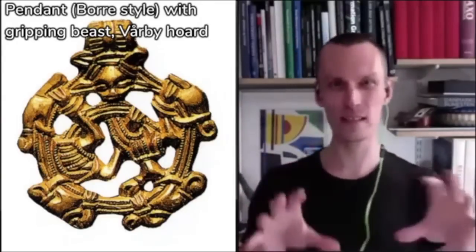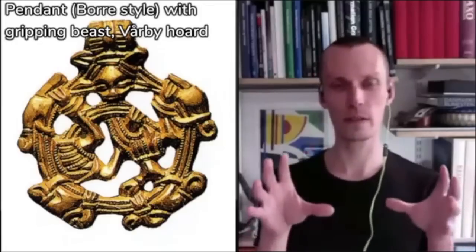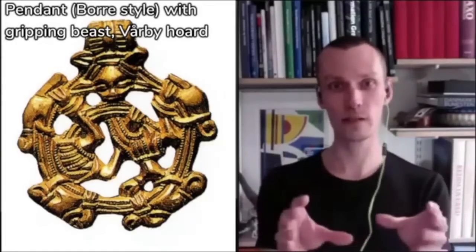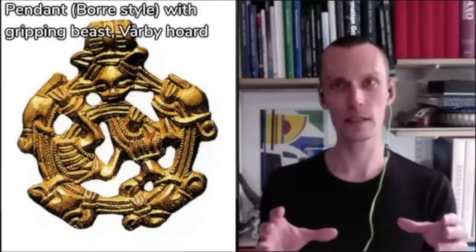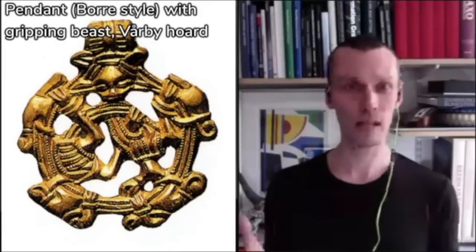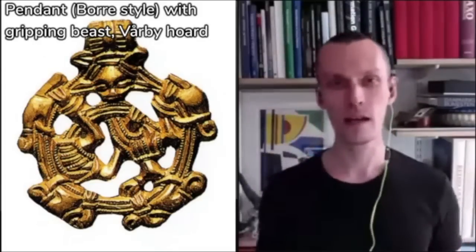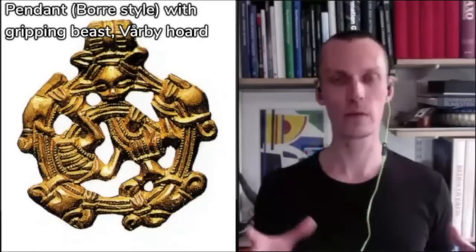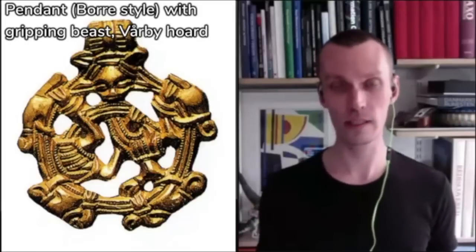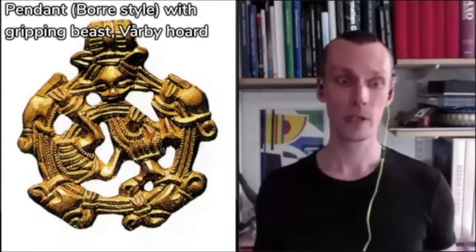So we have the Oseberg find in between these two styles, which is mostly in wood carvings, and that's a little atypical for the finds we typically do in Viking Age art, because most of what we have is metalwork. So a lot of jewelry and horse harness pieces and swords and stuff like that.